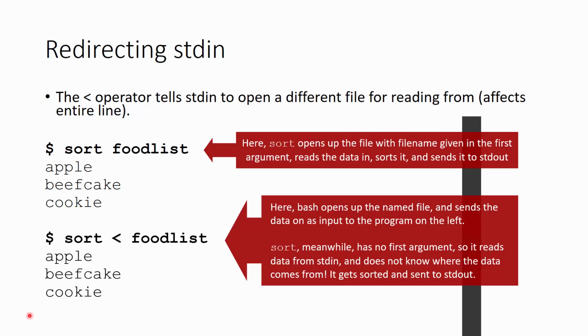So the output is the same, but how it happened is very different. Our usage of sort here, sort looks to standard in for its input. And how did that input get there? Because this operator opened up a file, extracted the contents, and caused that to become standard in for the command to the left.